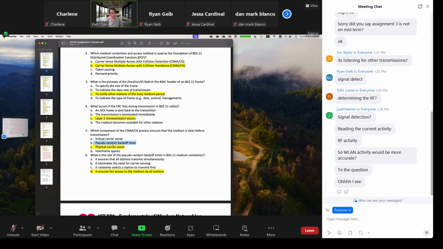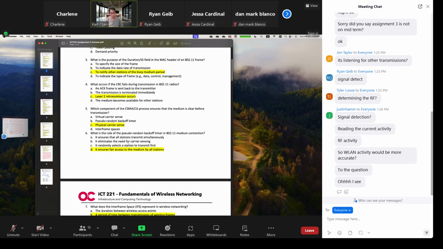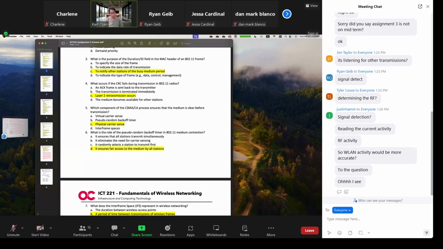All stations have a chance to use the medium, and the inter-frame space prioritizes the frames. So this is how the CSMA/CA mechanism works. This is a very important mechanism for wireless LAN.